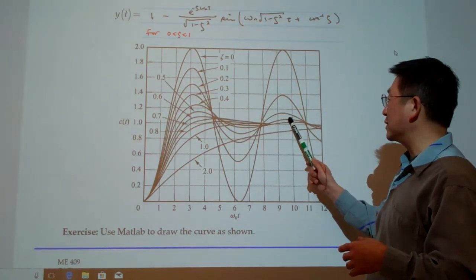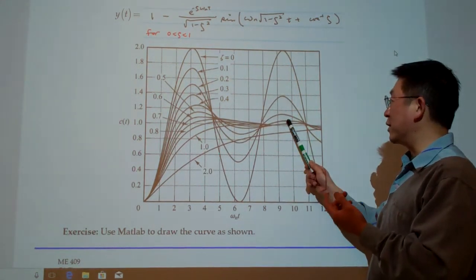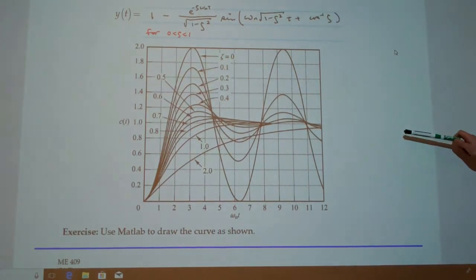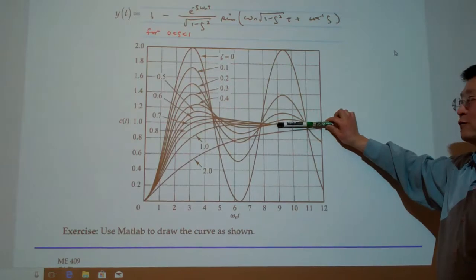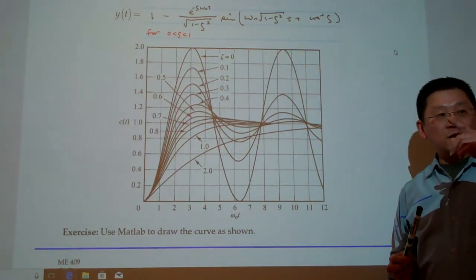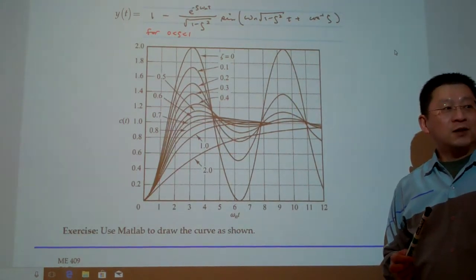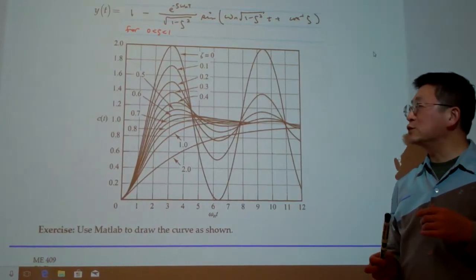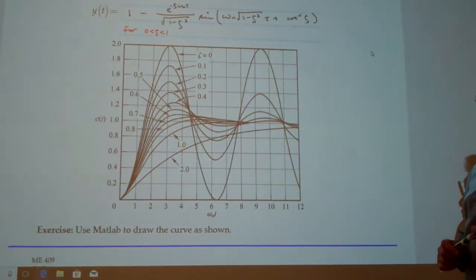So the second overshoot is much smaller than the first one. It keeps oscillating until eventually reaching the level of 1. As long as you make the system in a negative feedback loop, the system will eventually converge to a certain level. So those are the features.